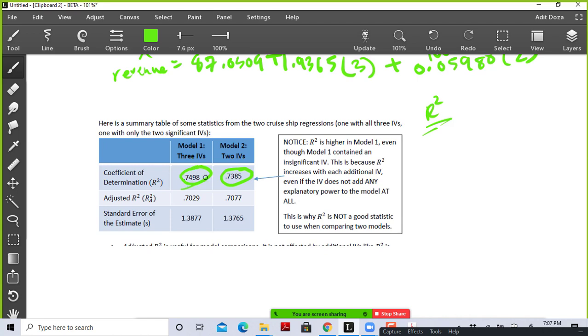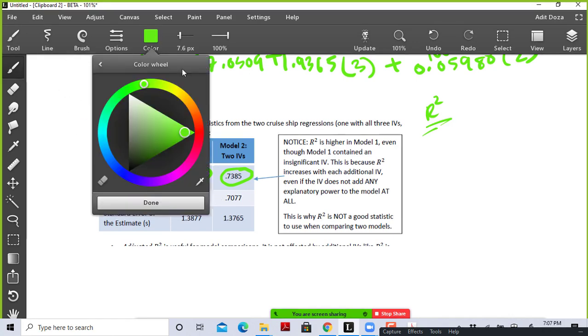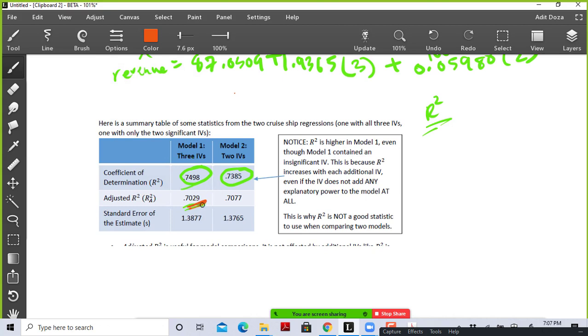But yeah, R square is higher for model 1, but if we look at the adjusted R square, we actually see that model 2 has a higher adjusted R square. So not necessarily if we have a higher R square we should choose model 1, because the adjusted R square is suggesting that model 2 is actually better.